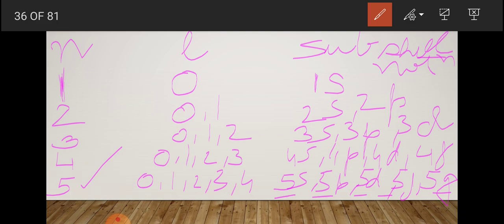The energy of the various subshells in the same shell increases in the order: s has the least energy, then p, then d, then f. So always the electron will first enter the s subshell, then p, then d, then f.